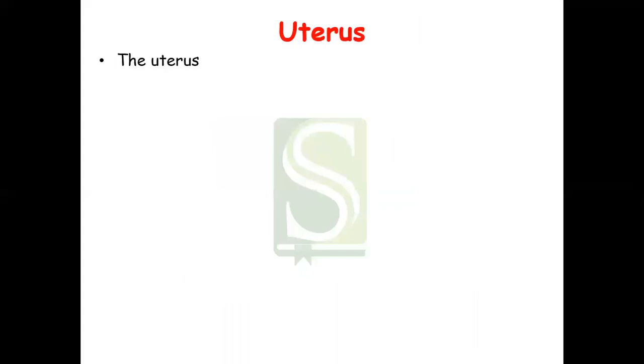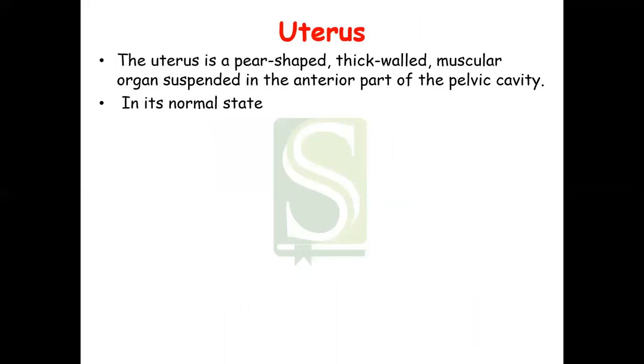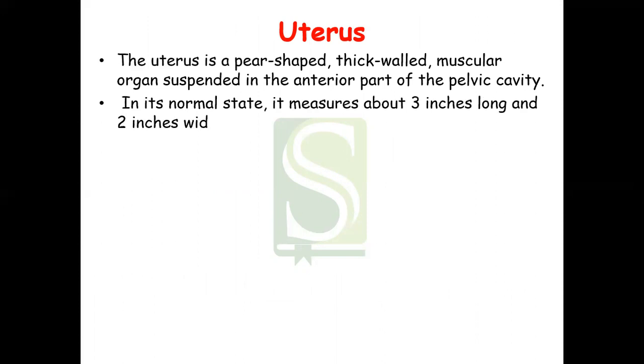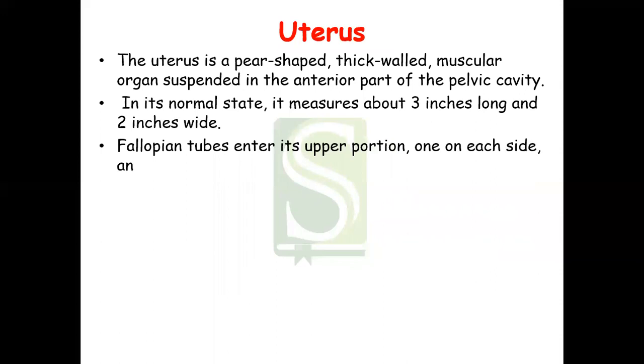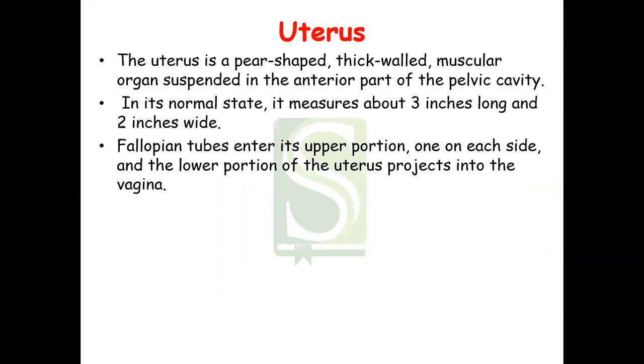Now let us see the anatomy of the uterus. The uterus is a pear-shaped, thick-walled muscular organ suspended in the anterior part of the pelvic cavity. In its normal state, it measures about 3 inches long and 2 inches wide. Fallopian tubes enter its upper portion, one on each side, and the lower portion of the uterus projects into the vagina.